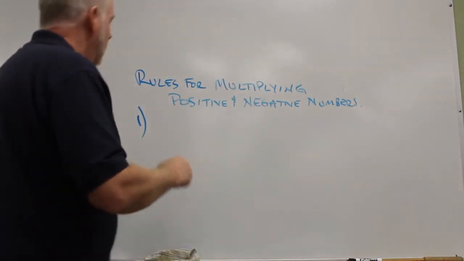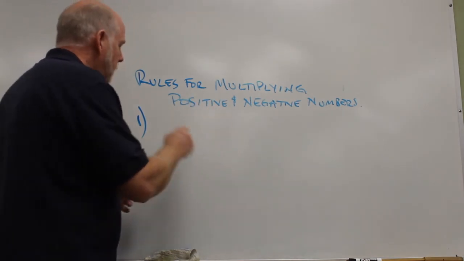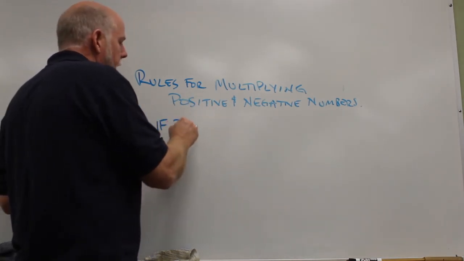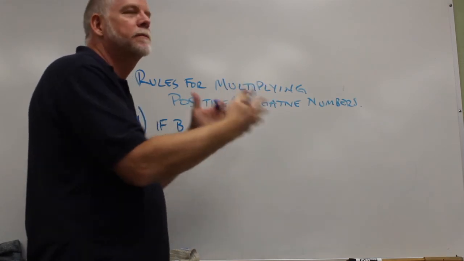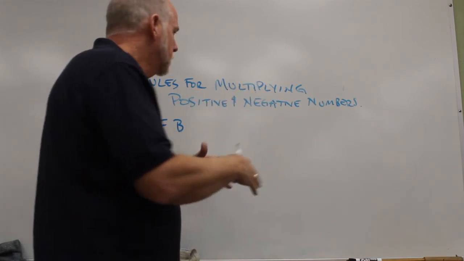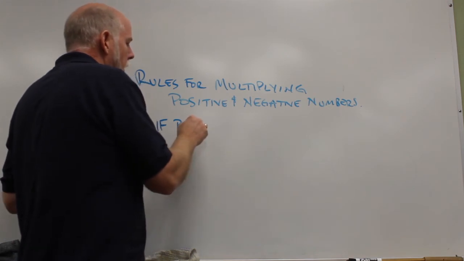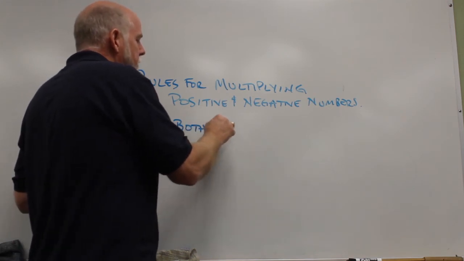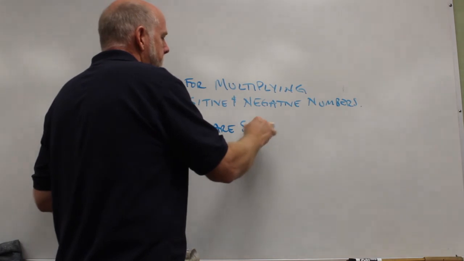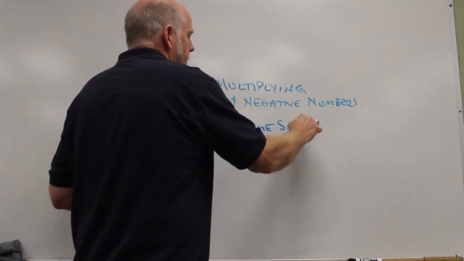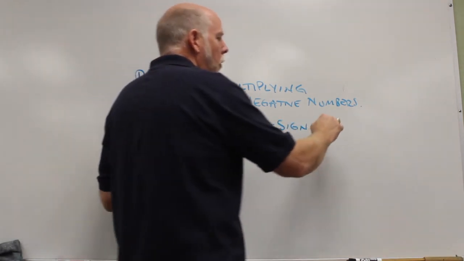Okay? But again, we start by looking at the sign. And again, we're looking at this as pairs of numbers always. So we're looking at multiplying two numbers together. So if both are the same sign, the answer is always positive.